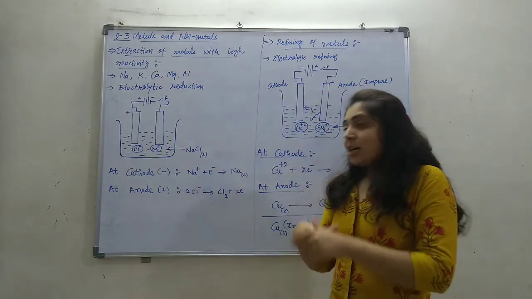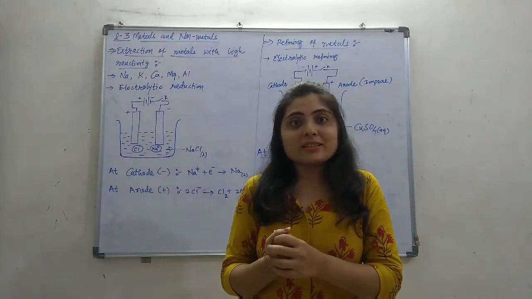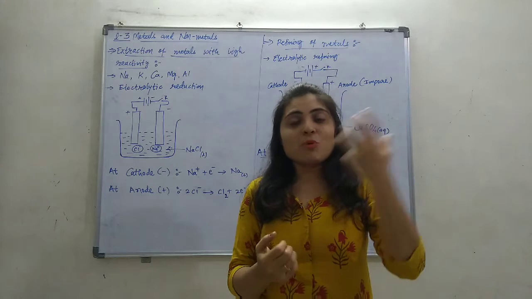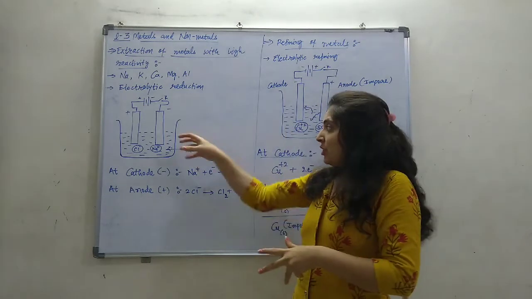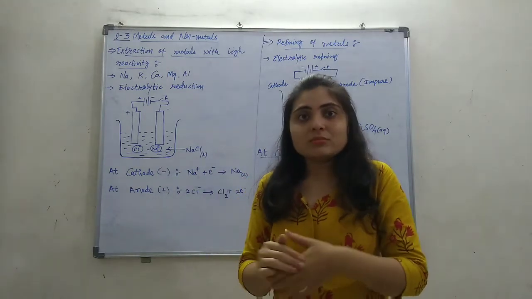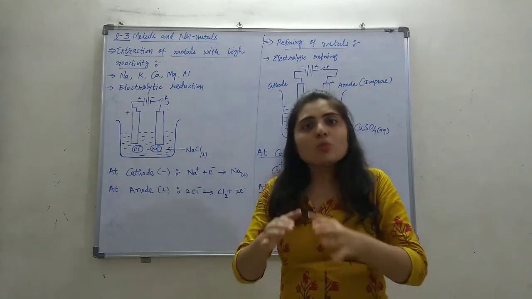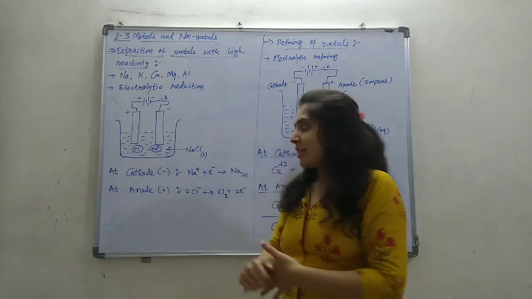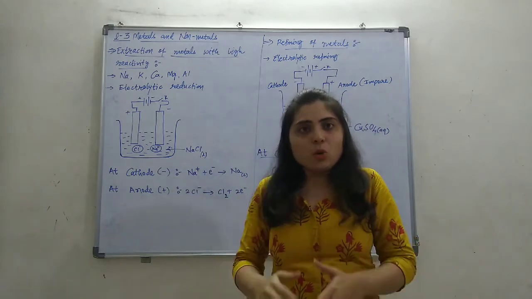To make the aluminium oxide liquid was quite tough because the melting point is very high. To resolve this problem, some other specific chemicals are added which lower the melting point of aluminium oxide.